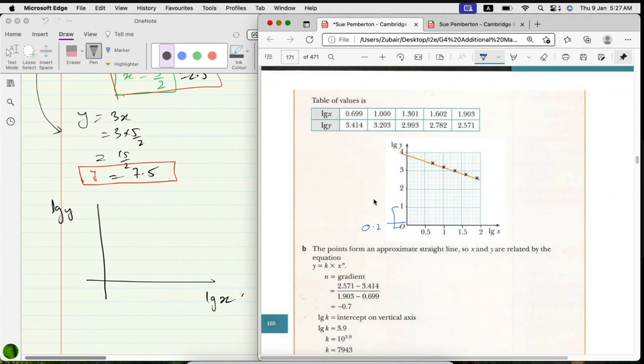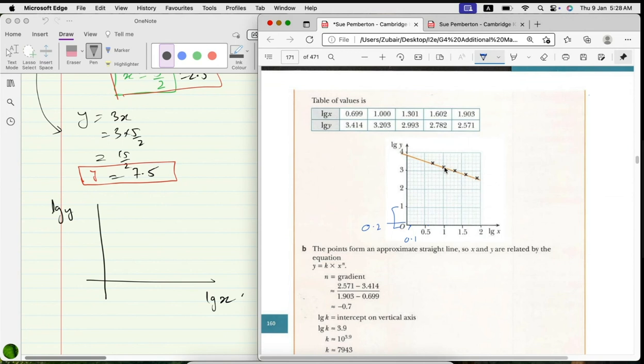On the x-axis, those are smaller values, so every small box is 0.1. This is 0.69, this is 1, 2, 3, 4, 5, and next would be 6, and another would be 7. So 0.69 is almost 0.7, so we mark it close to 0.7.